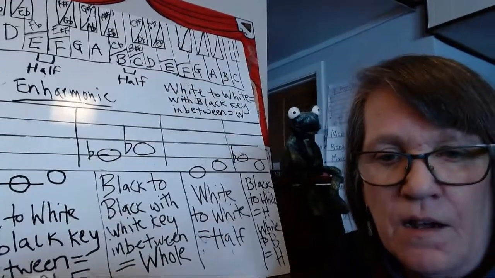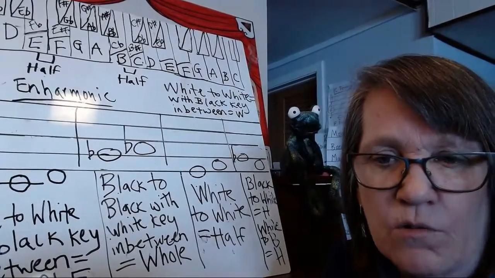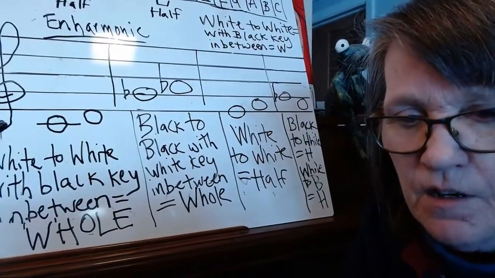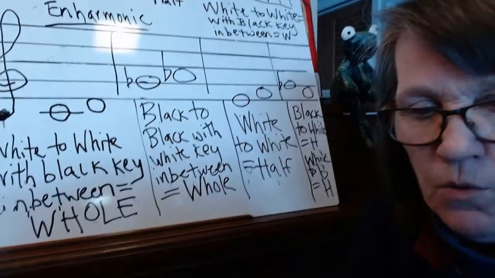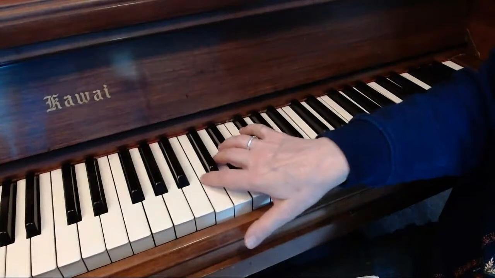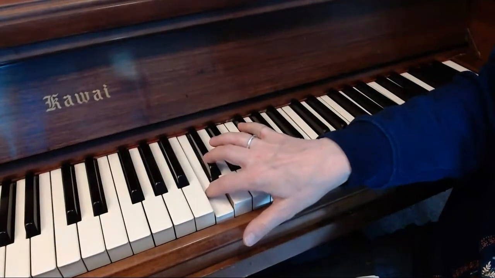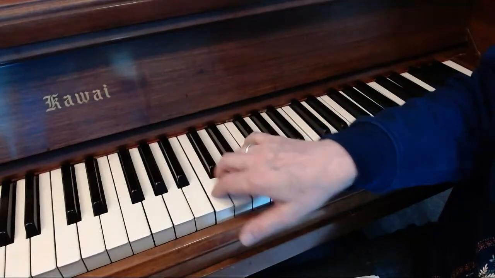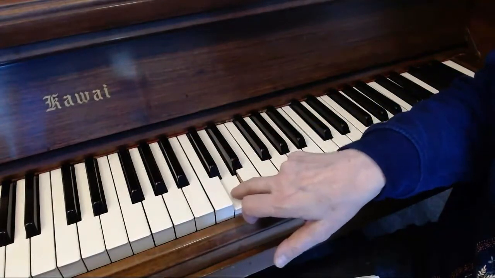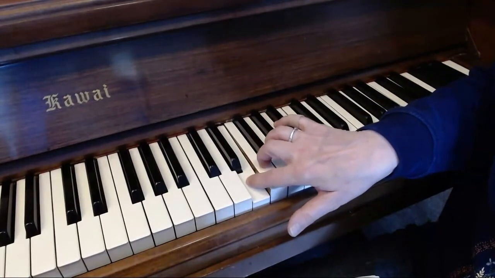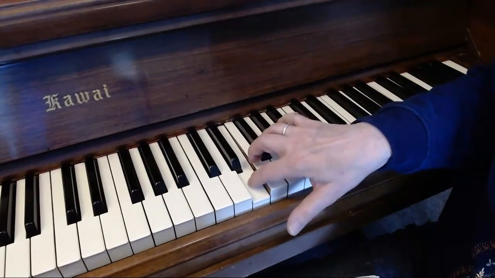So the main thing when you are figuring out whole steps and half steps is just getting used to counting the number of half steps in order to find a whole. So if I need to find a whole step above C, I go to the next black key, 1, 2, so it's going to be D. If I need to find a whole step above E, I have to do 1, 2.